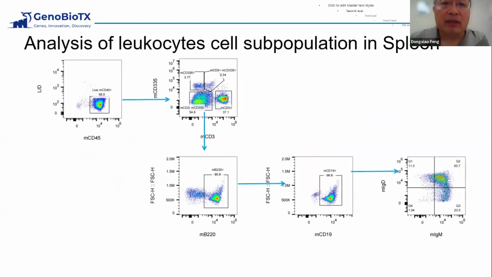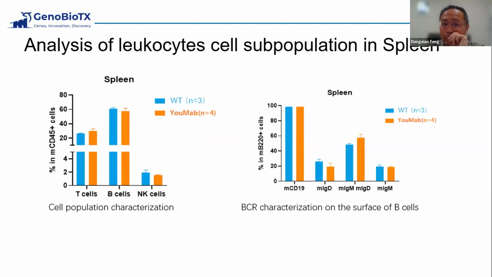And then we analyzed the leukocyte subpopulations in the spleen and the peripheral blood. This is the gating that we used to characterize the cells using the FACS method. You can see here the mouse has normal T cells, B cells, and NK cells.